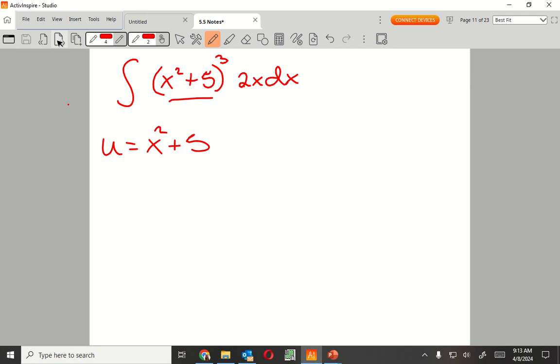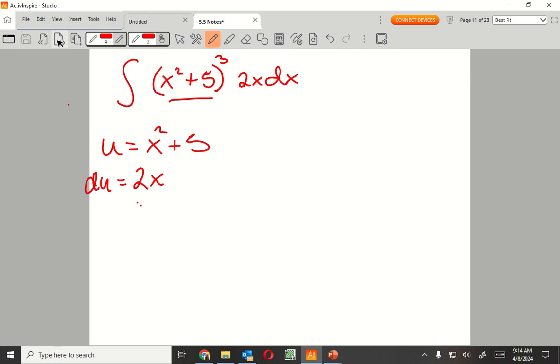And if I take the derivative of this, this is how this works out. So du is going to be what? 2x. So du is 2x. And I took the derivative in terms of x.